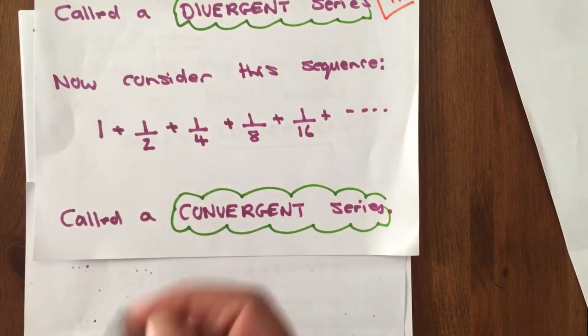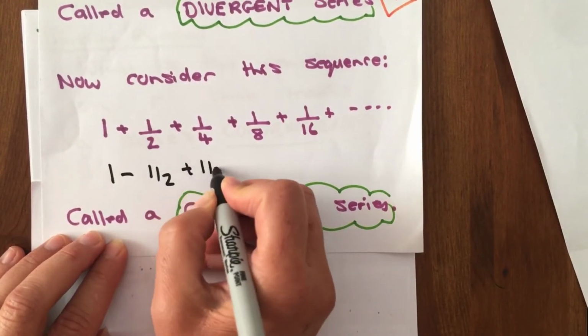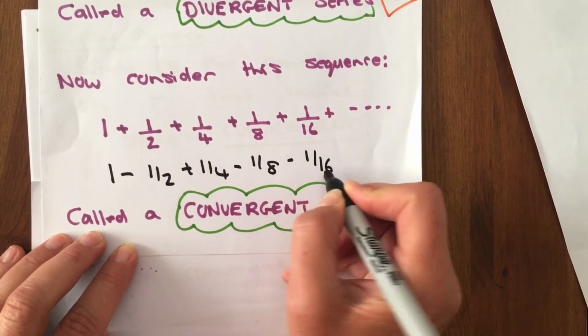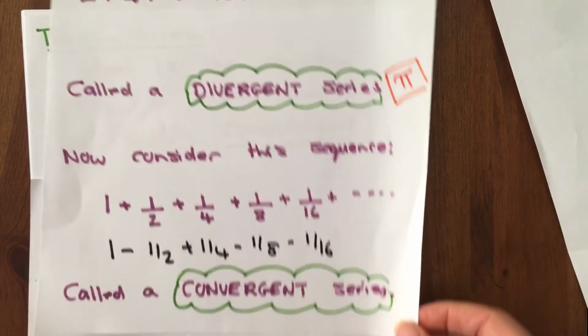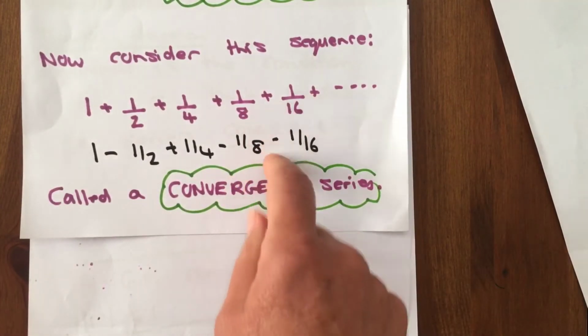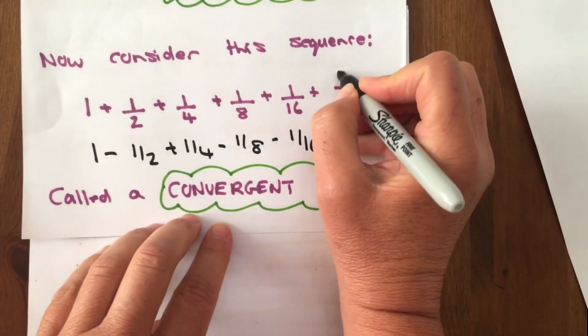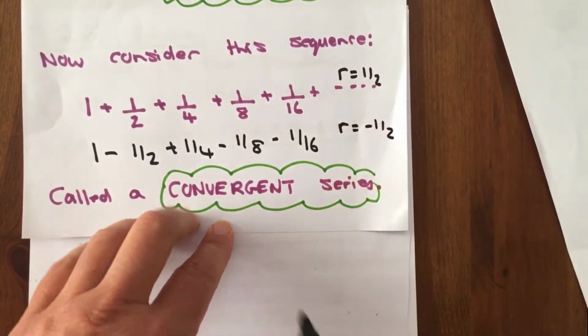Would this be a convergent series where r is negative a half? Will that also converge to a value? So both of these are convergent series. You can see here r is a half and here r is negative a half.